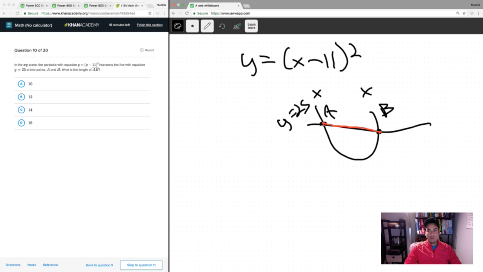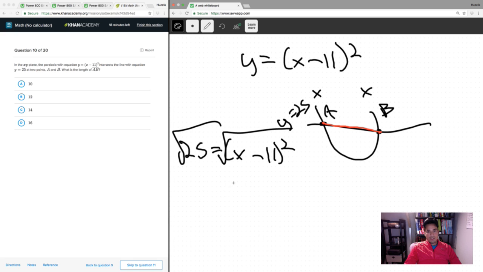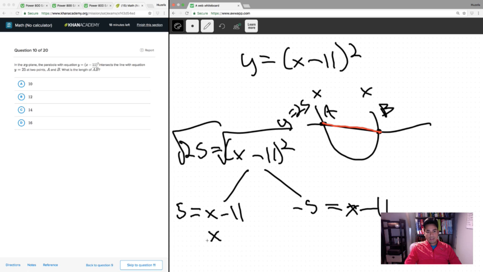Well, we need to find the two x values that give us 25 for the y value. So let's plug in 25 for y, and we can solve that way. Square root. And now this actually bifurcates into two equations, because the square root of 25 is not just 5, it's also negative 5. So this becomes x minus 11 equals 5, and x minus 11 equals negative 5. Add 11, and x equals 16, and then x equals 6. So the difference between 16 and 6 is 10.